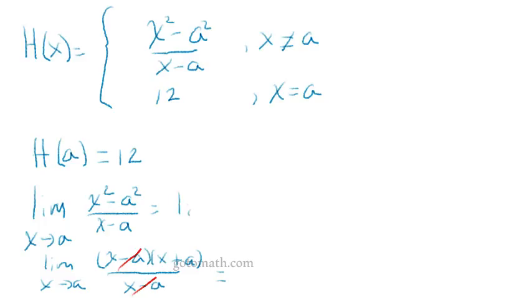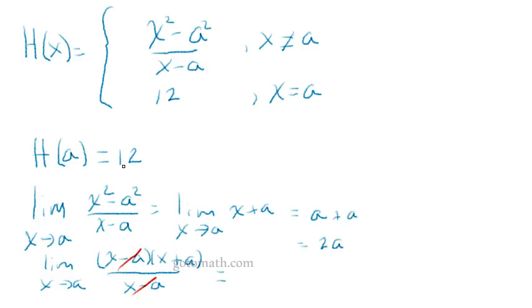Actually, these limits are all equal, so how about we just write it right here, x plus a, since it's equal to our original limit. Now we can go ahead and do the direct substitution. Plugging a in for x here, we can simplify that to 2a.